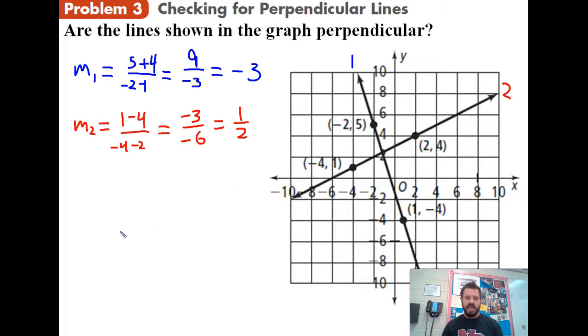Now, I'm going to say that these are not perpendicular lines, because my two slopes are not opposite reciprocals, where the opposite reciprocal of negative 1 would be positive 1/3, or the opposite reciprocal of 1/2 would be a negative 2. So they're kind of sort of close, but I'm going to say in this case, nope, not perpendicular.